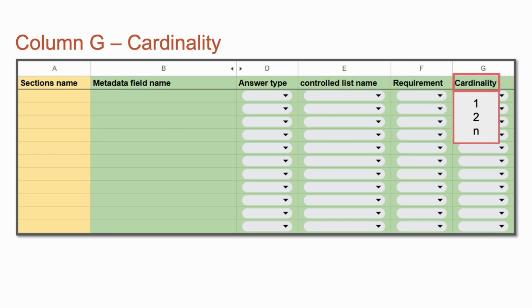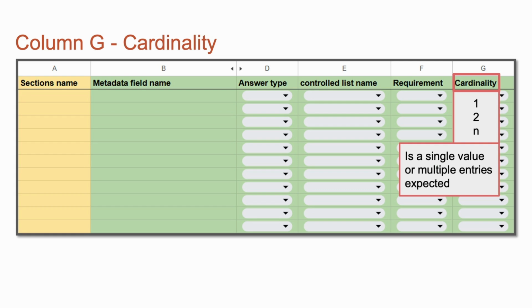Column G specifies the cardinality, setting the rules for how many values a field can maximally contain. For optional fields, the cardinality must be interpreted as 0 to 1 or 0 to many. This tells the user that while the field can be left blank, if it is answered, we expect either a single value or multiple entries.